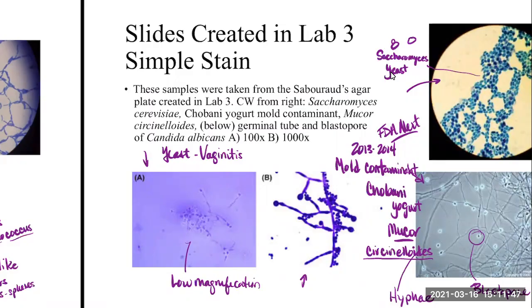What we have here is the yeast known as Candida albicans. And what we can see is that these have the germ tube and the actual blastospores.